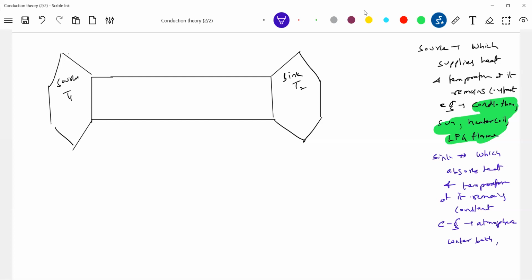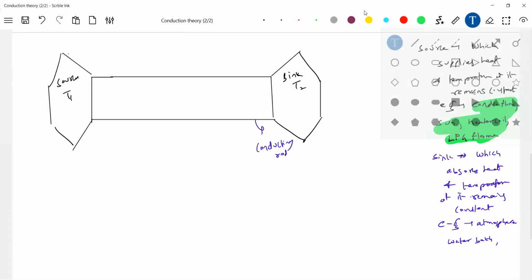Okay, this is about the rod. There's a rod, a conducting rod. The moment I bring the conducting rod in contact with the source, we will split this up into parts.